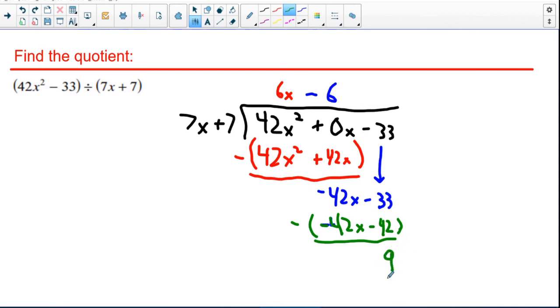All right, so that's going to be my remainder, and this is going to be my quotient. So my final answer is just going to be 6x minus 6, and then plus the remainder, which was 9, over what I'm dividing. So 7x plus 7.